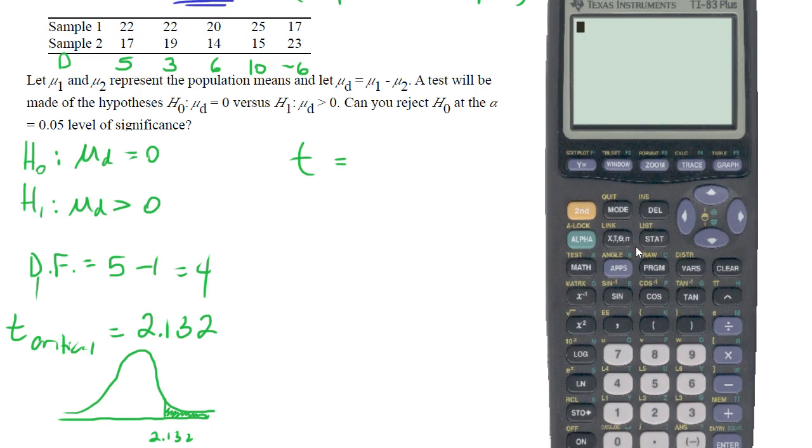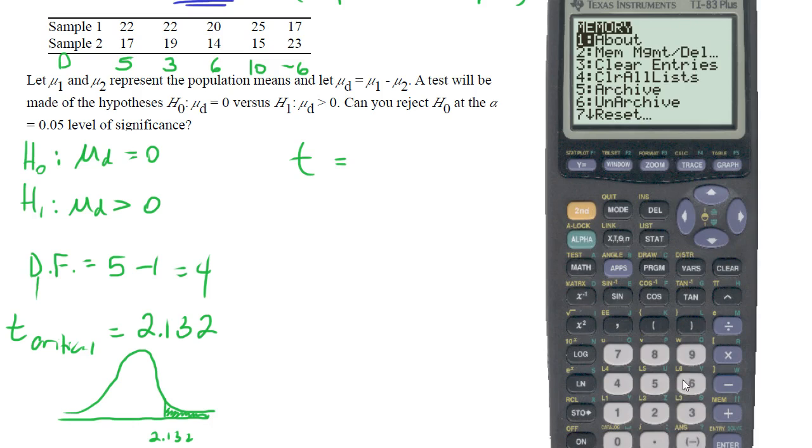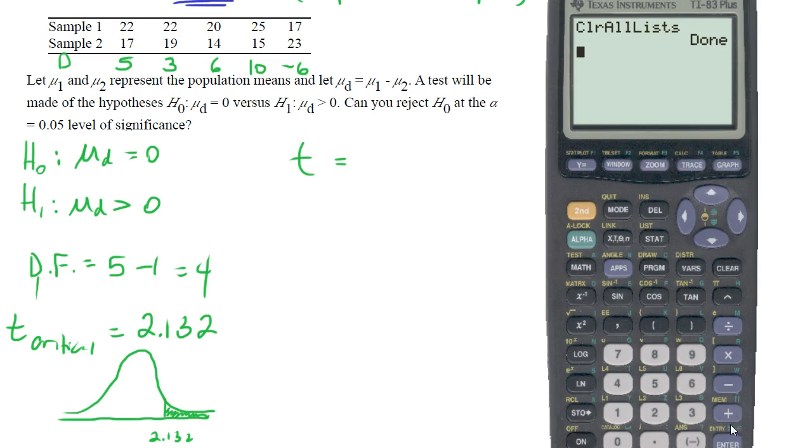The differences: stat, edit. I should have cleared that. Second memory, number 4 is clear all lists. Enter. Stat, edit. So 5, 3, 6, 10, negative 6. Stat, calculate one variable stats. There we go.